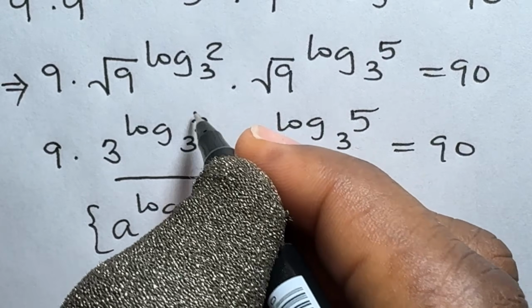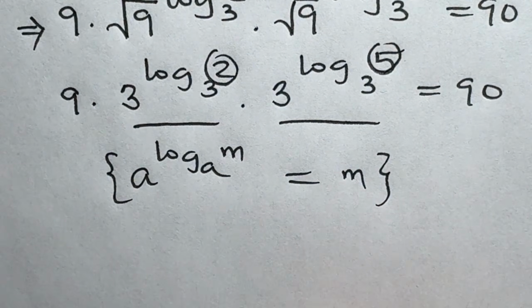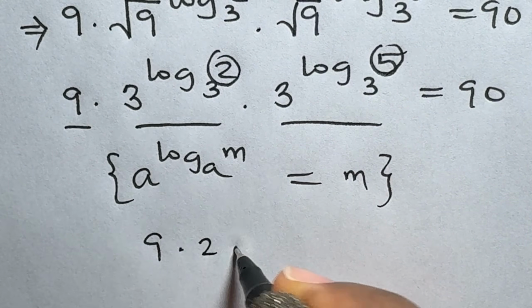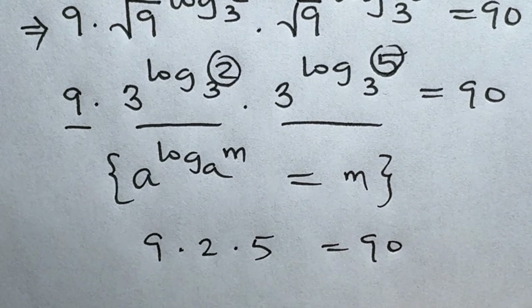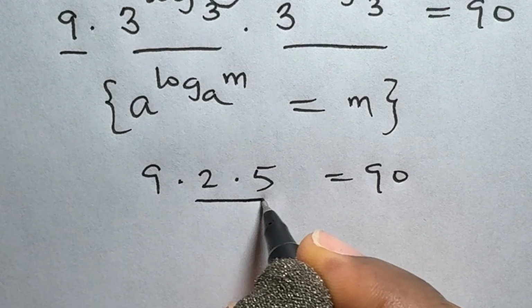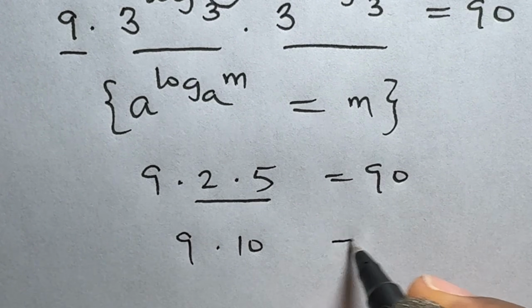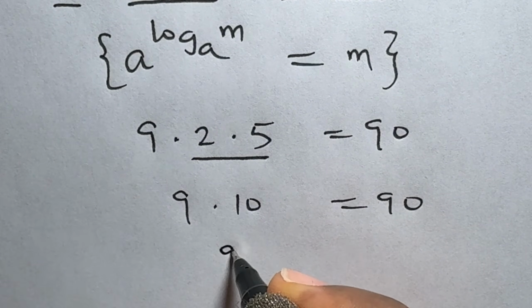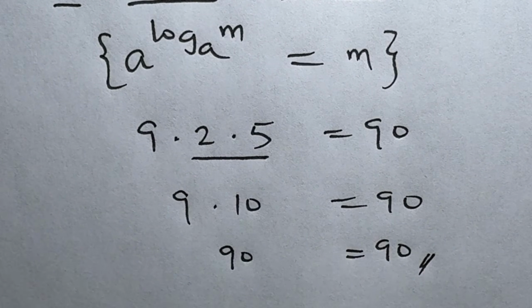So these two will be 2 and 5 respectively, giving us 9 times 2 times 5 is equal to 90. 9 times 2 times 5, 2 times 5 is 10, times 9 is equal to 90, and 9 times 10 is 90, equal to 90. Therefore, our solution for x is correct.